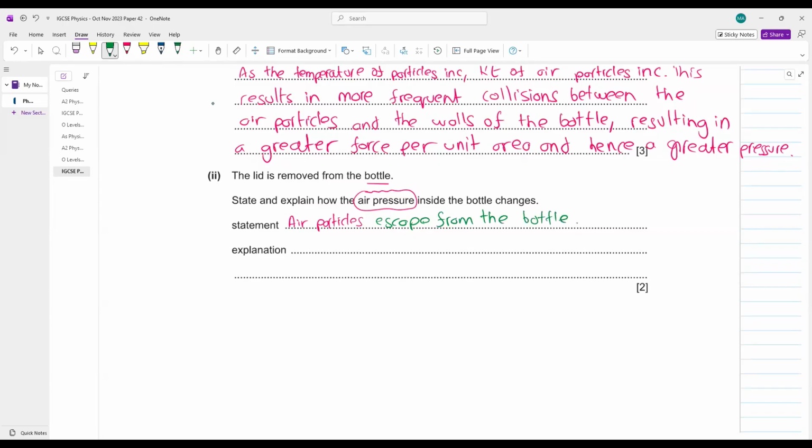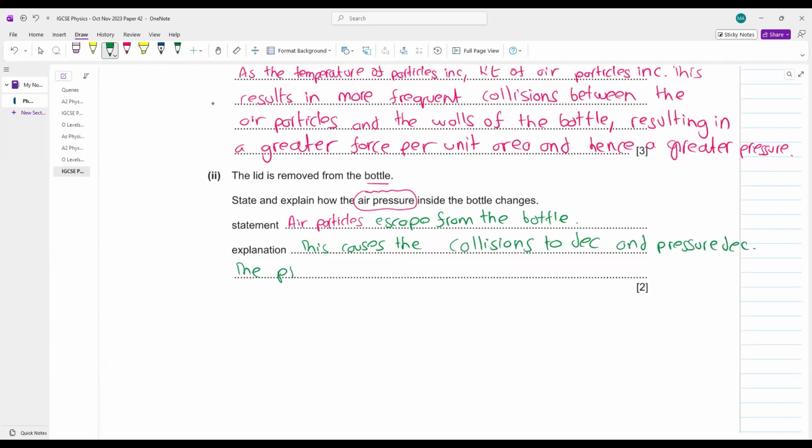Okay. What will happen? This causes the collisions to decrease and pressure decreases. What will be your last key point?